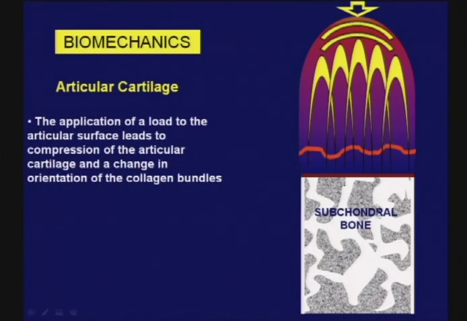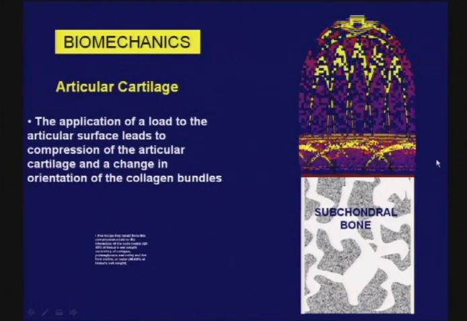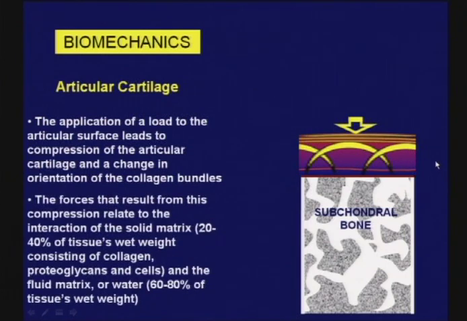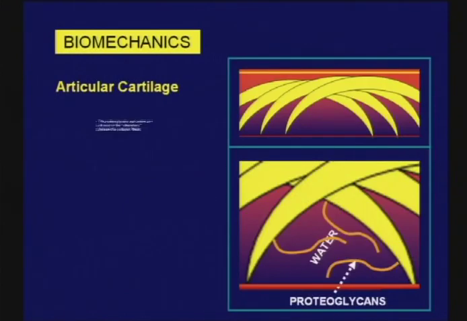So let's look at what happens now if we apply a load to the articular surface. This is going to lead to compression of the articular cartilage and a change in orientation of the collagen bundles. You can see that that has occurred here as some of these collagen bundles are more horizontal. The reason this occurs is the interaction of the solid matrix and the fluid matrix, or water, that we've already talked about.